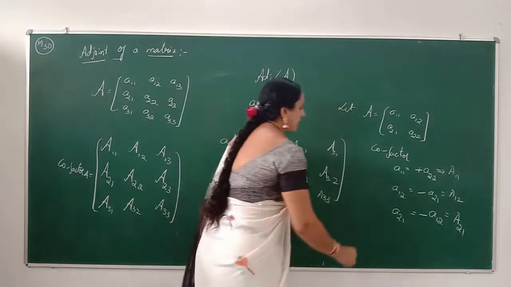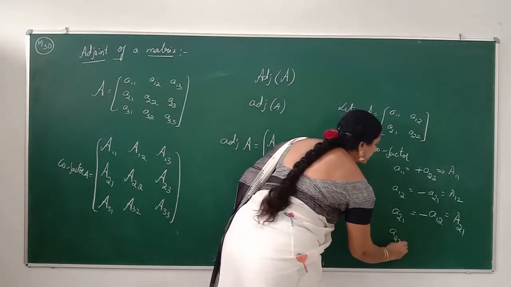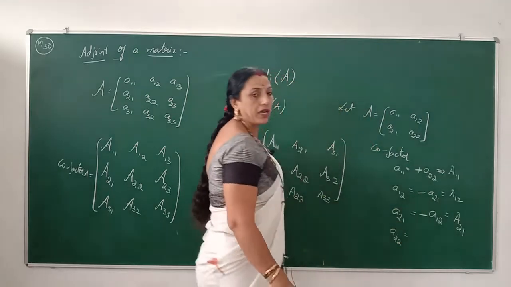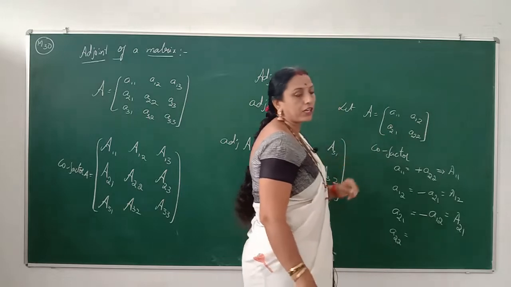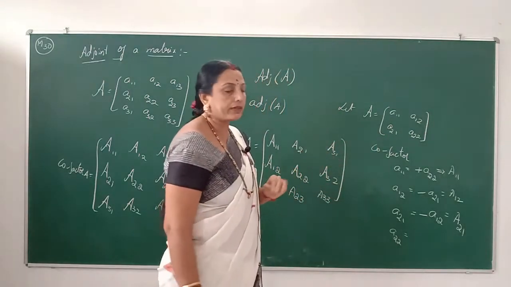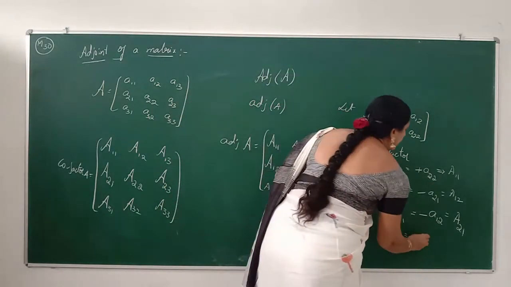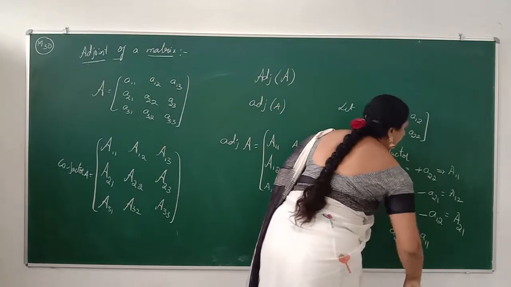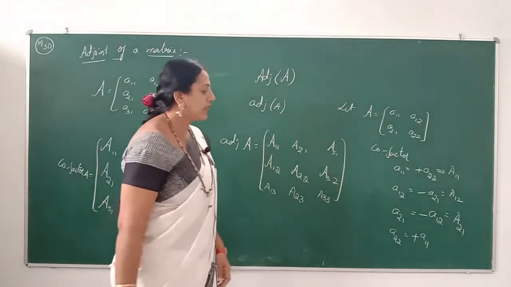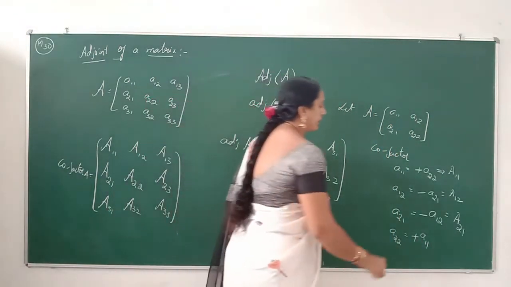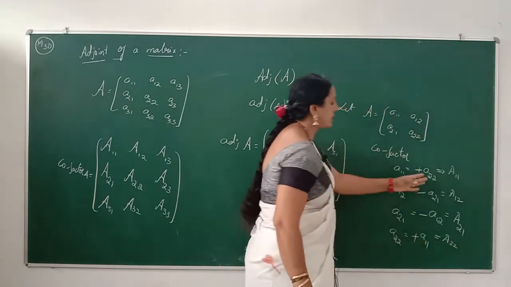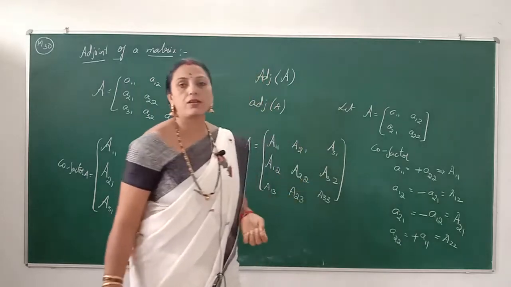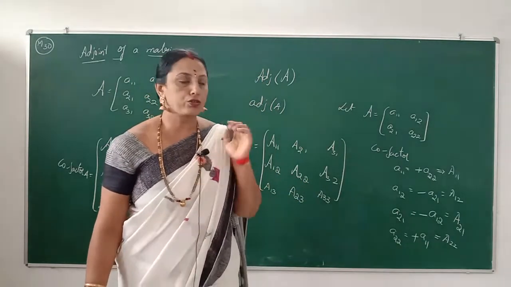Then the last element is A22, an element of the second row, second column. These get neglected and the remaining is A11. According to the sign, it is multiplied by plus, that is plus A11. These are called the cofactors of each element of a matrix of order 2 cross 2.